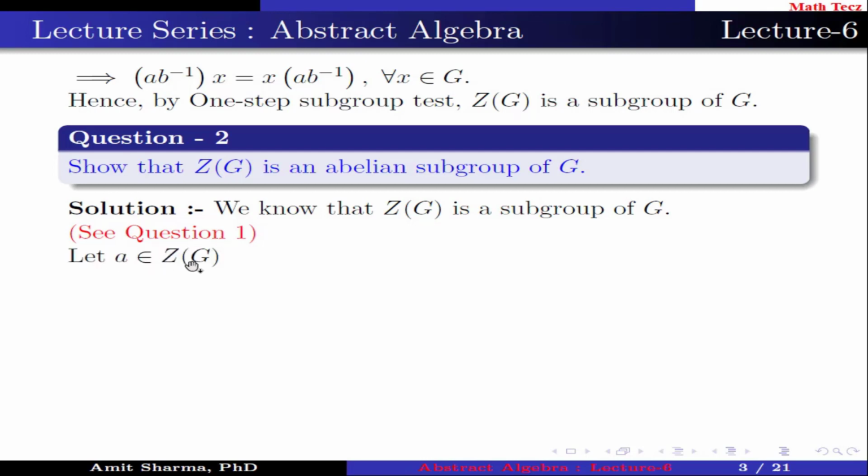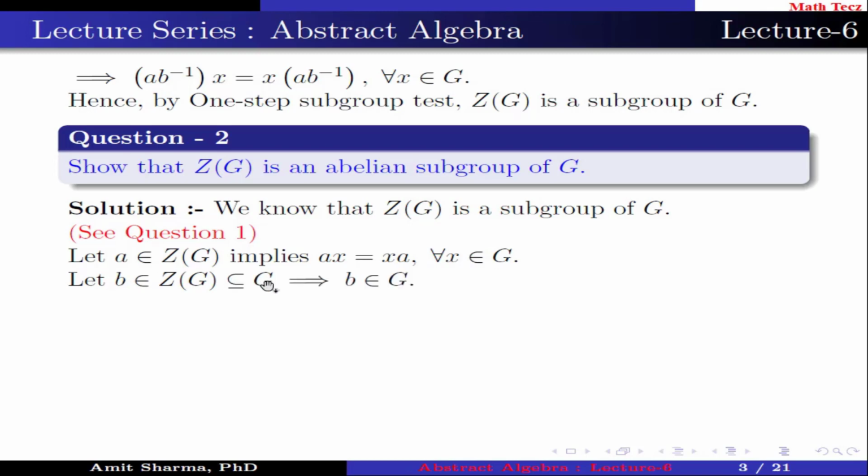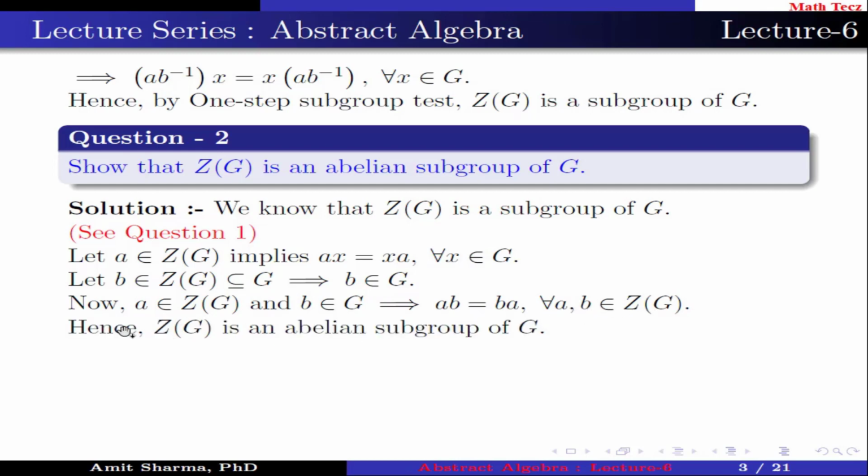Let a belong to the center of G, which implies ax equals xa for all x belonging to G. Let b belong to the center of G, and since the center of G is a subset of G, b belongs to G. Now a belongs to the center of G and b belongs to G, which implies ab equals ba for all a, b belonging to the center of G. Hence, the center of G is an abelian subgroup of G.